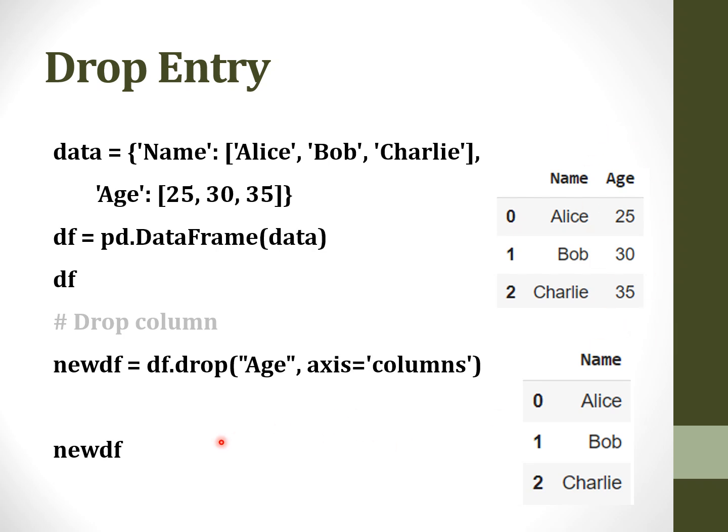After that if I print and see the data frame, the age column will be dropped and the rest of the things only will be printed. So this is how you drop an entry in the data frame.